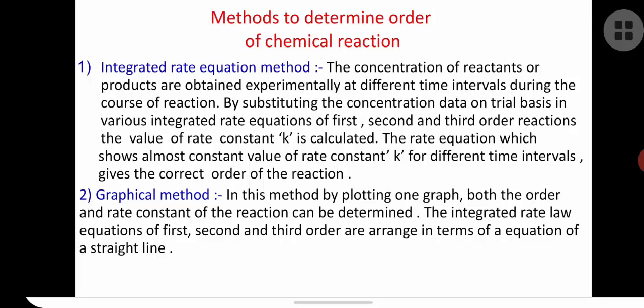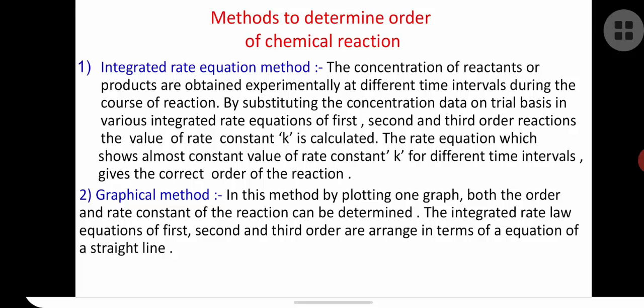The order of each reactant is determined. Different methods are used to determine the order of reaction. For order determination, measurement of concentration of reactant or product at different time intervals is essential.